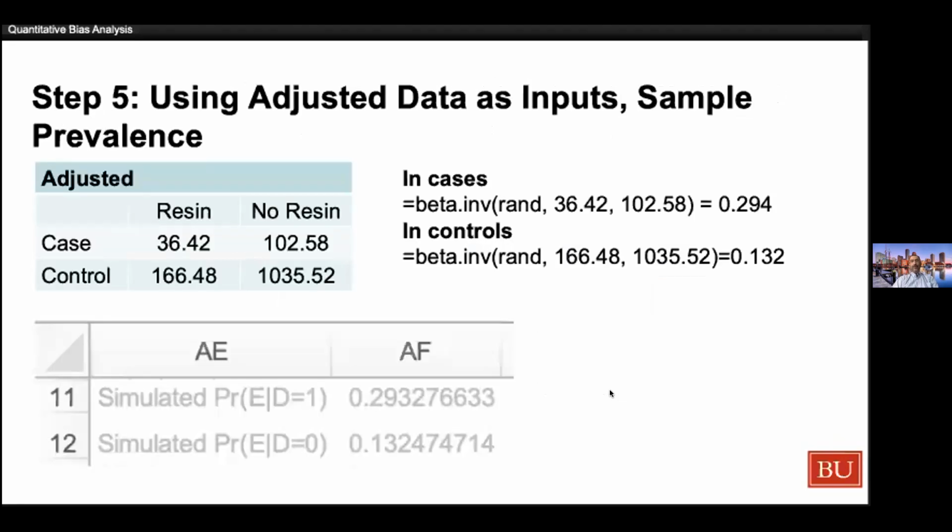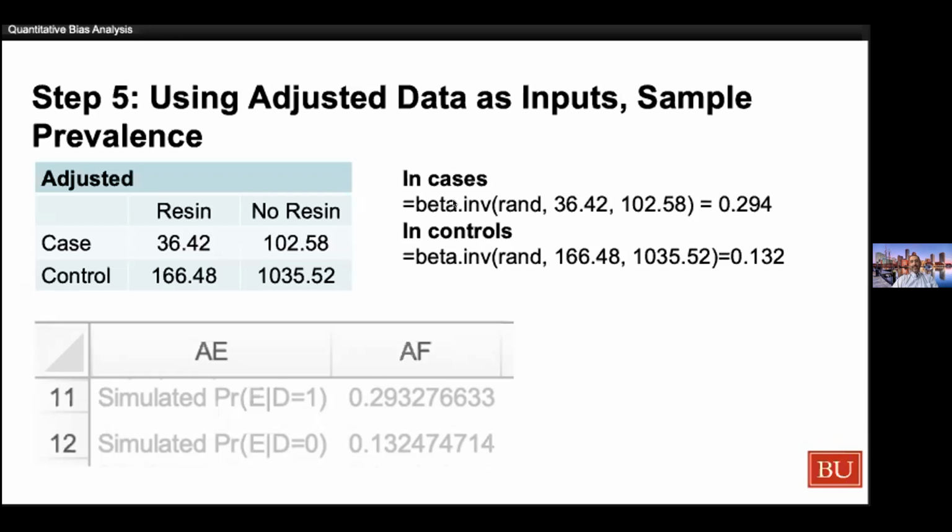Now, from those values, I could now calculate the expected true prevalence of the exposure. For the cases, that's just going to be 36.42 divided by this total. And for the controls, it's going to be 166.48 divided by the total. But I want to account for the fact that that's an estimate, so I have variability there.